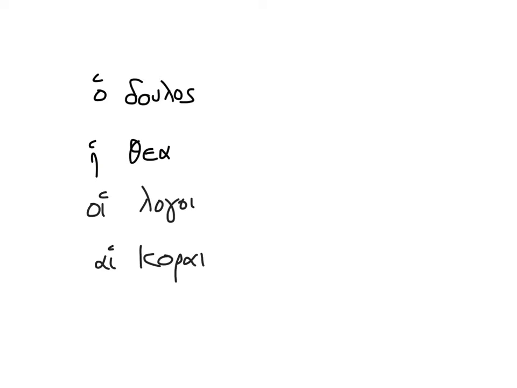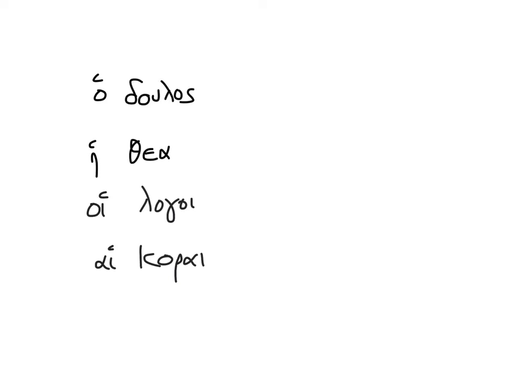Now we're going to look at something different and add adjectives to nouns. What you see here are four nouns, two of them singular, two of them plural. And their meanings are ho doulos, the slave, he thea, the goddess, hoi logoi, the words, and hai korai, the girls. Now let's make those a little more interesting by adding an adjective to each one.